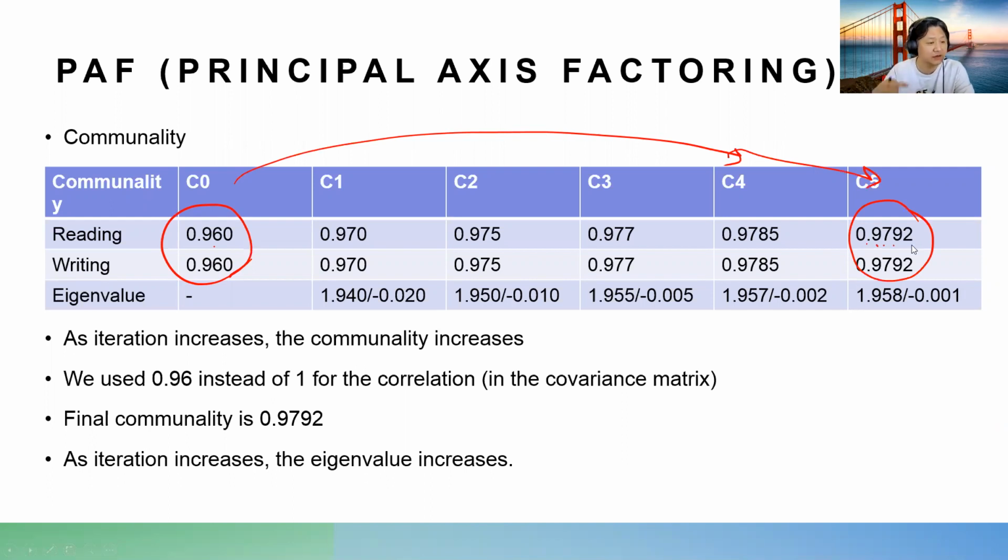As iteration increases, the communality increases, so the eigenvalue also increases. Because communality increases, the eigenvalue definitely increases, because the eigenvalue is from the correlation matrix.